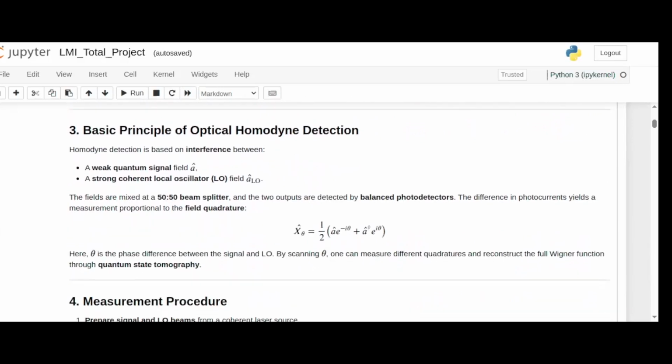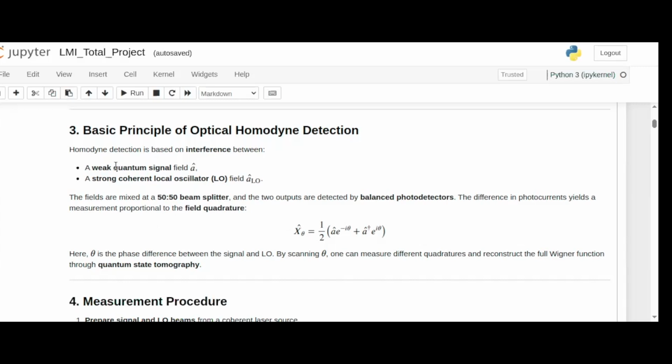The basic principle of optical homodyne detection technique is that we have a quantum field, which we call A hat, and the coherent field, which is A hat L. The fields are mixed and the two are detected by balanced detectors. The difference in photocurrent is a measurement proportional to the field quadrature. The quadrature is x hat. The theta is the phase difference between signal and the local oscillator.